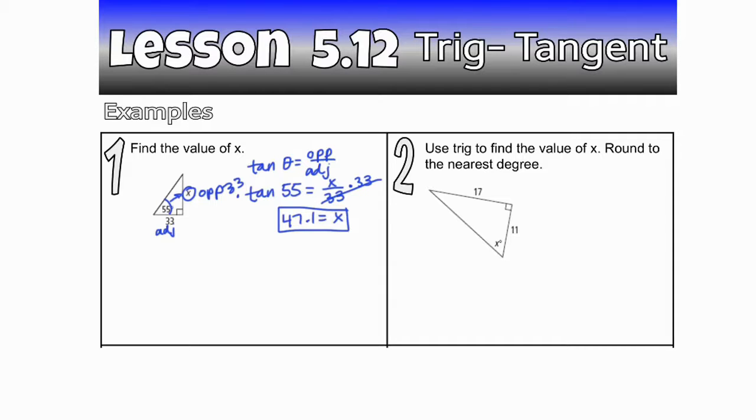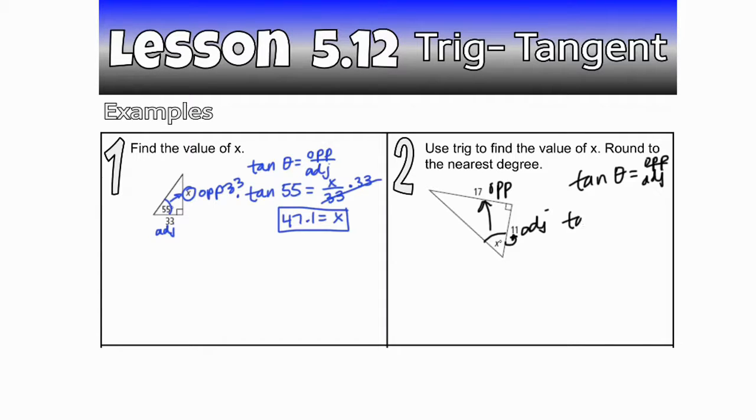Okay, so this time we are going to use trig to find the value of x. The x that we're looking for is an angle measure. So I'm given the opposite and the adjacent. Therefore, I'm going to use the tangent. So the tangent of my angle theta is equal to the opposite over the adjacent.